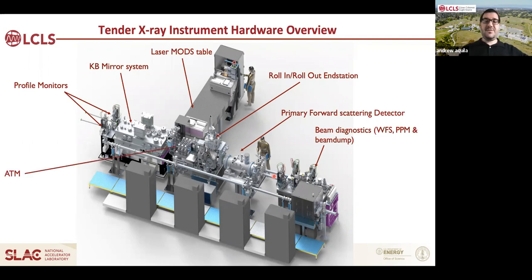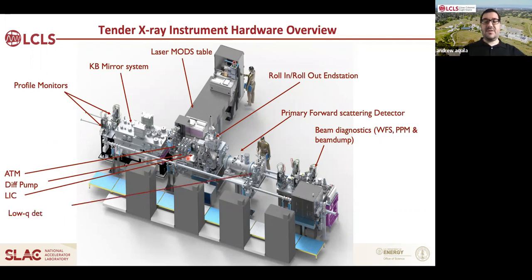We have arrival time monitors for the laser, and differential pumping, because we have to go from a dirty aerosol environment to 10 to the minus 9 vacuum in a really short distance. We pretty much compacted as much space as we could to focus just below 1 micron, and that limited how much space we had for all of our upstream diagnostics. But we were able to squeeze in a differential pump, an arrival time monitor, and a laser incoupling all in one small location that's about 1 meter long.